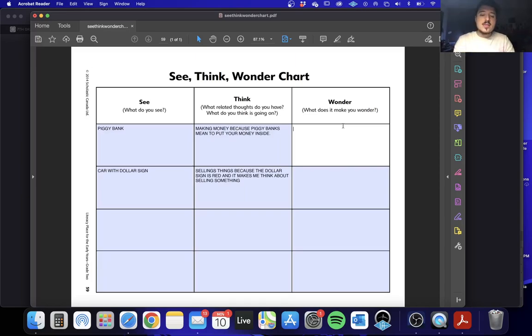This is where you get to ask questions or things you are wondering about. What do I mean? Well, let's look at the one that we wrote here about the piggy bank. I see a piggy bank. I think it's about making money because piggy banks mean to put your money inside.